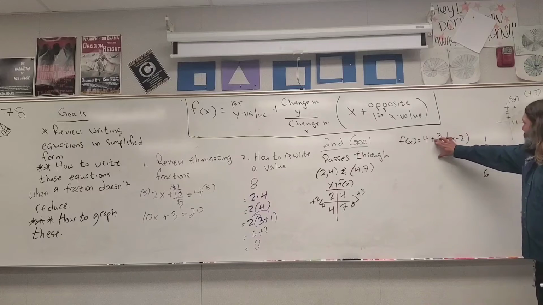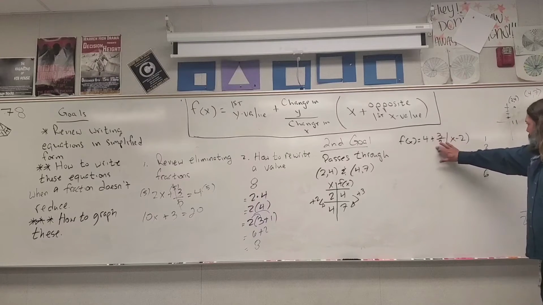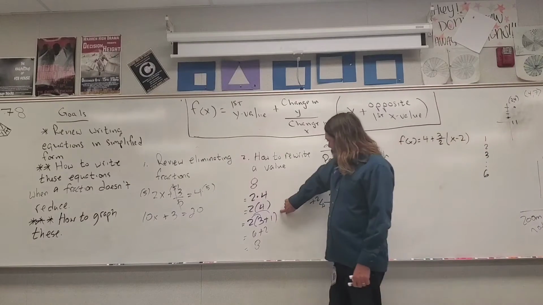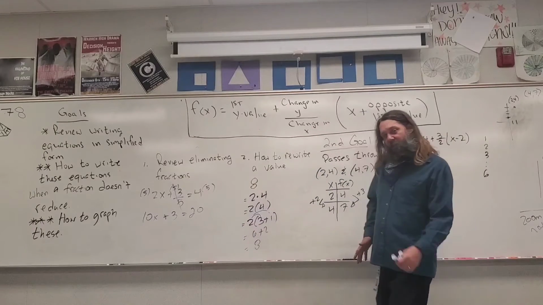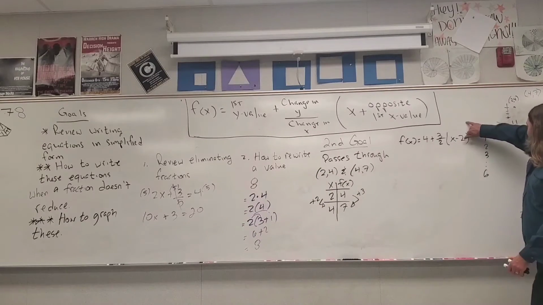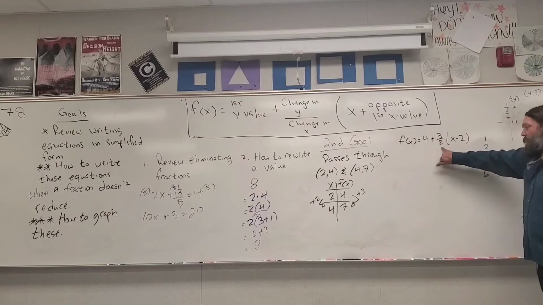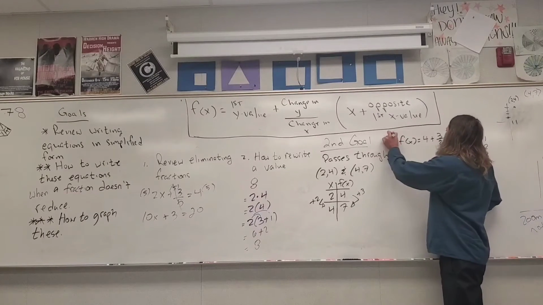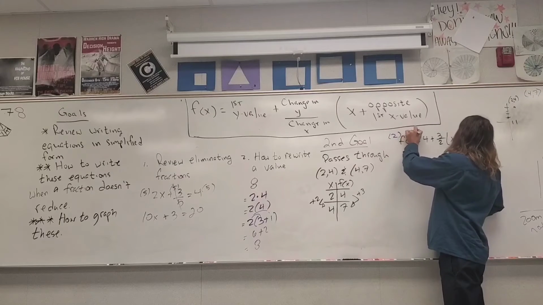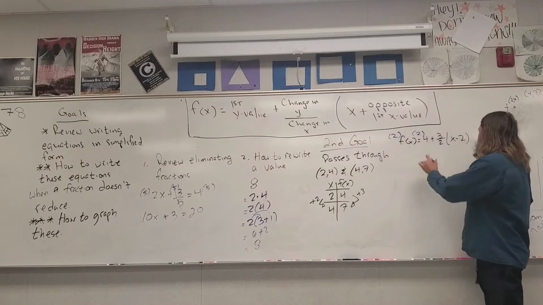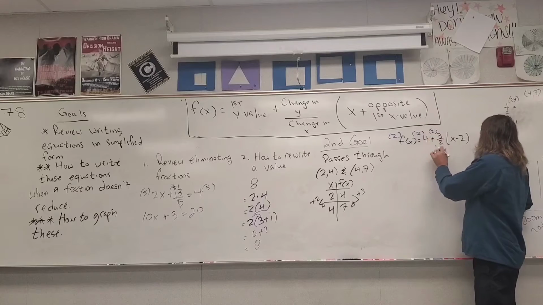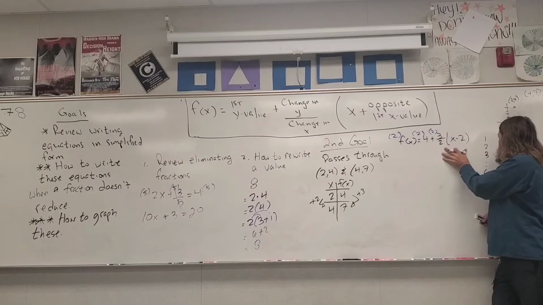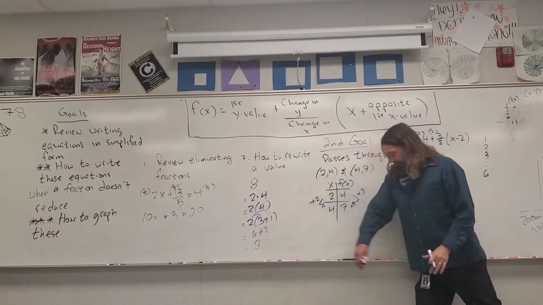But I want to point out that this is considered one number, just like this was considered one number, or one value. So this only gets a 2. So this gets a 2, this gets a 2, and this gets a 2. And this only gets 1 because this is one value, just like I showed you right here.